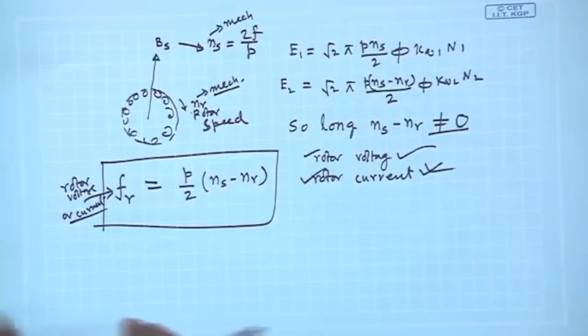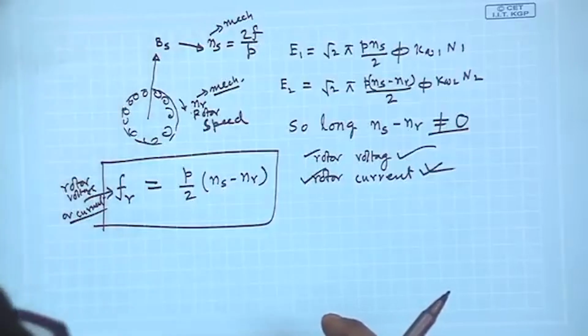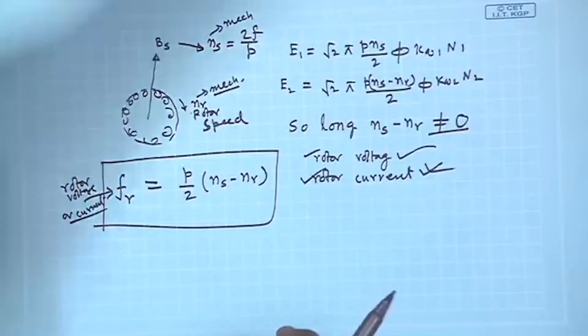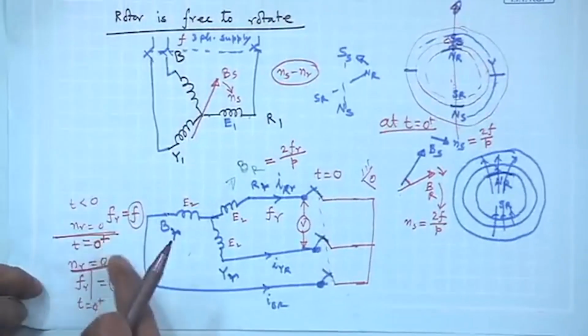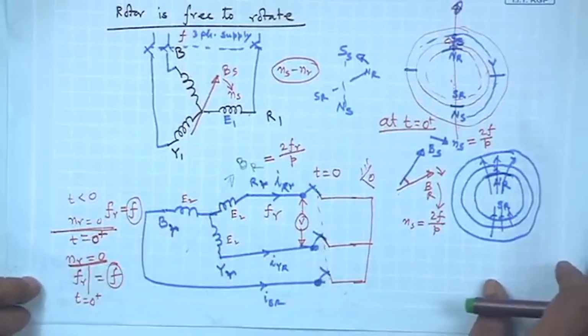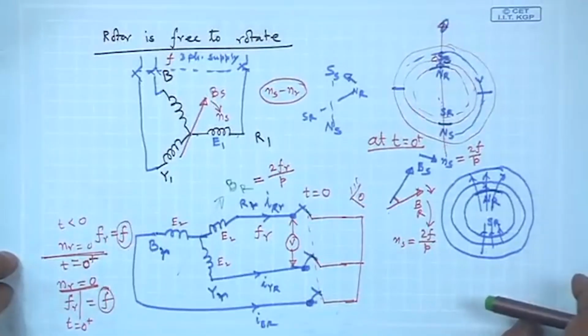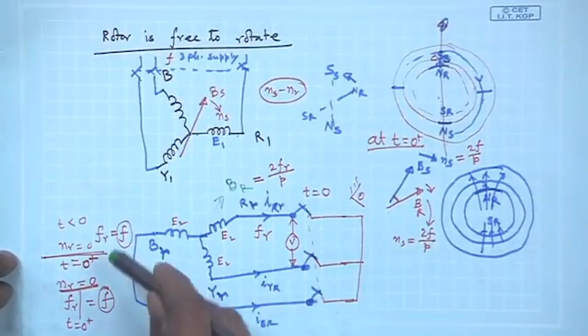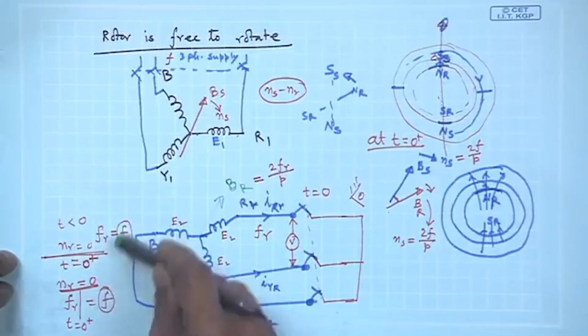Welcome to this lecture on electrical machines. In our last class we came up to this: at t equal to 0 plus we first observed what is going to happen, and we told you that the frequency of the rotor current and the supply frequency are one and the same.